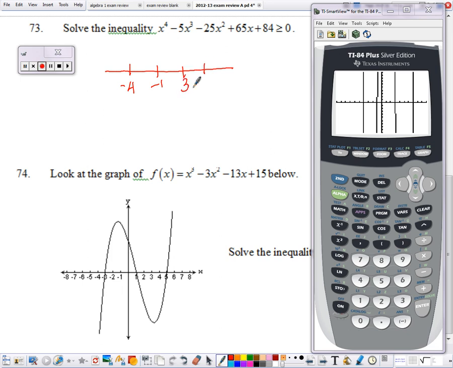3, and 7. And I know it's an even degree with a positive leading coefficient, so both end behaviors will be positive, and it has to go through all 3 zeros. There we go.